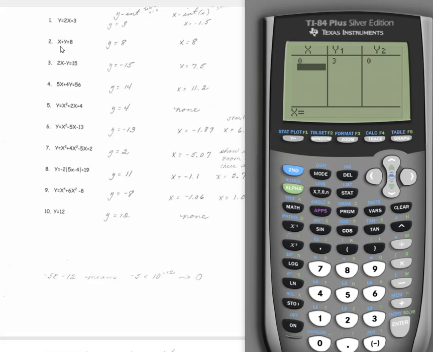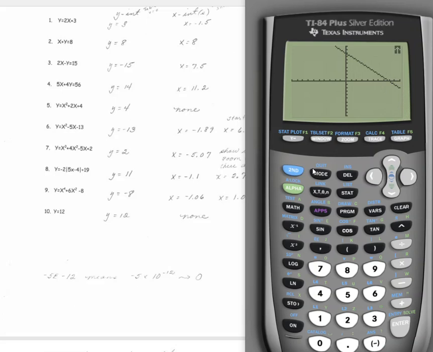For our second one, remember how we changed the form of our equation to make it be y equals? This one became y equals 8 minus x. So we're going to go back over here. We're going to clear that one and put 8 minus x. And I'll hit Graph. Here is my x-intercept.